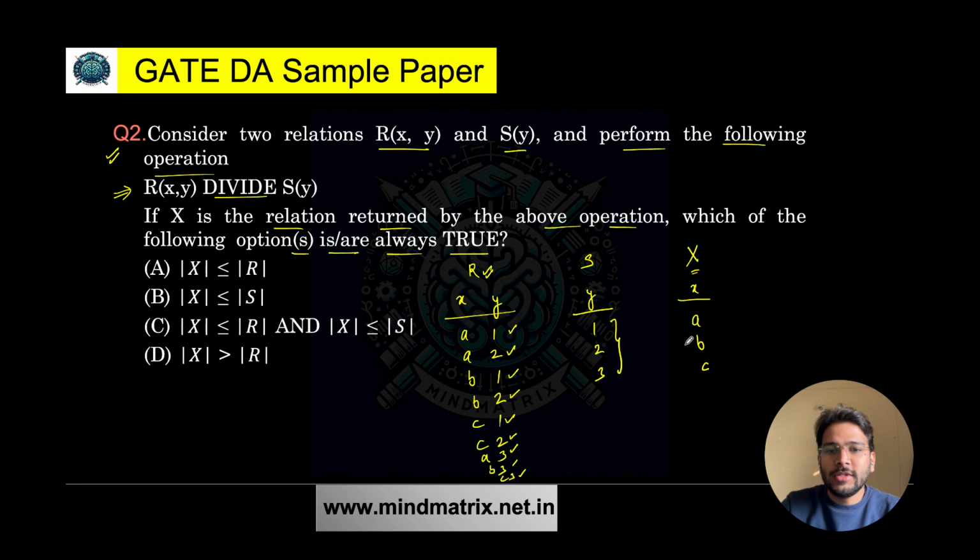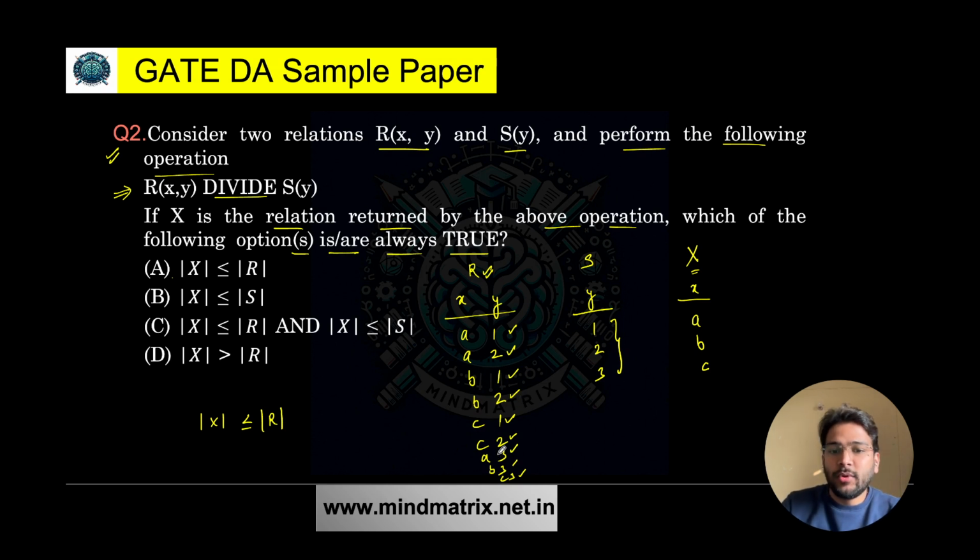So if you carefully see here, we can say from this that definitely the cardinality of X, basically this denotes the number of tuples we have, will always be less than or equal to the cardinality of R. Yes or no? Because you cannot have more than that, as we have seen here.